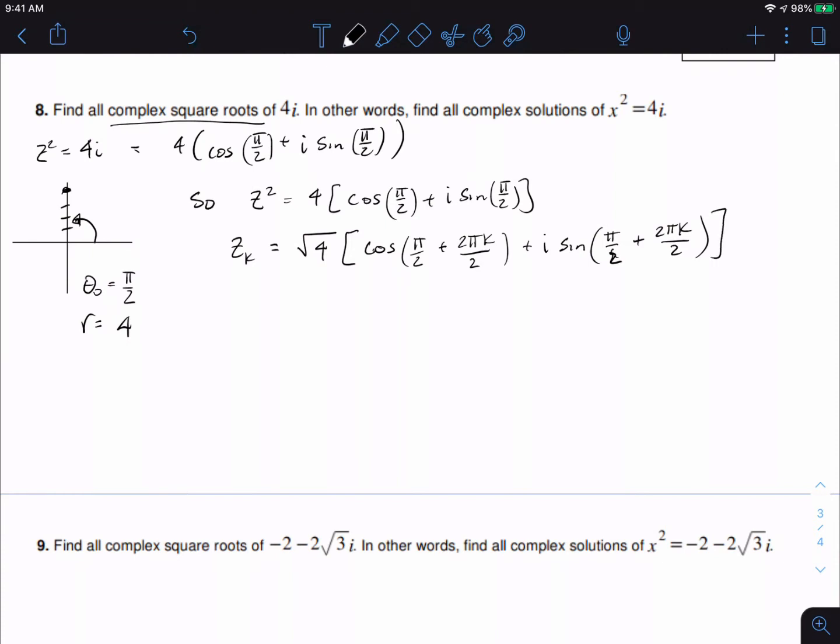And the reason it's a 2 there is because my n is 2, right? Are we okay with that?